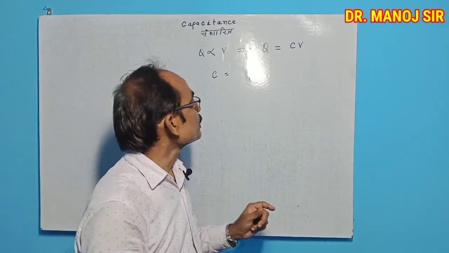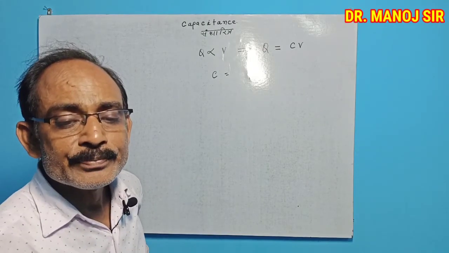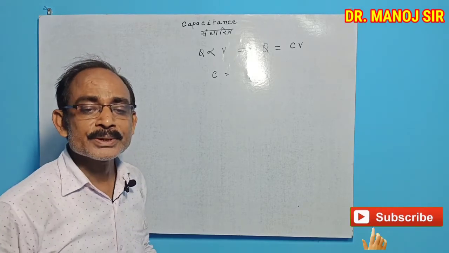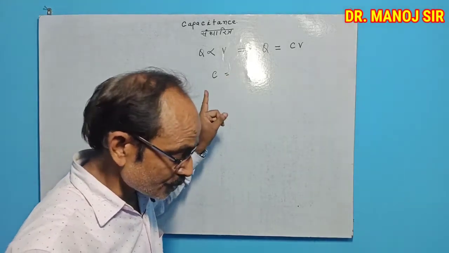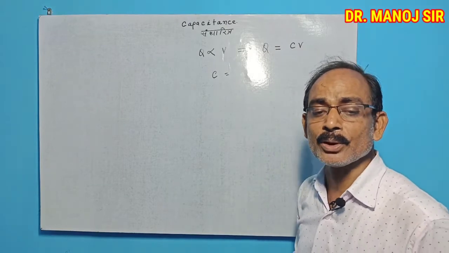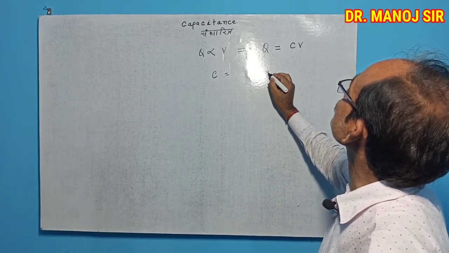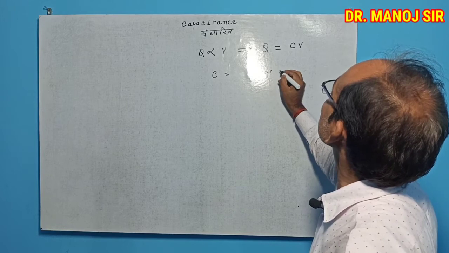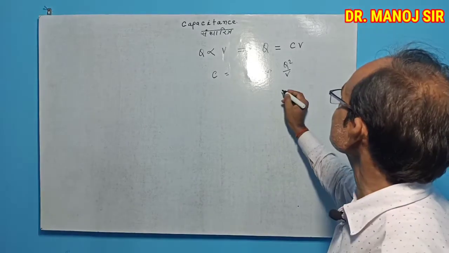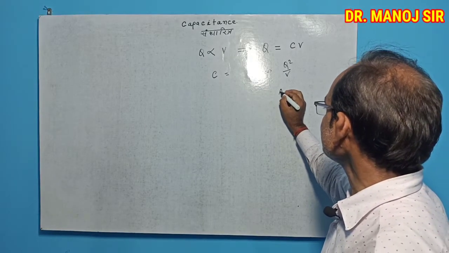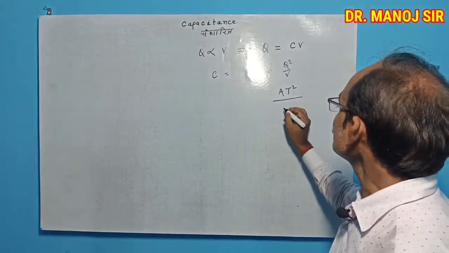Hence the unit of capacitance depends upon the ratio of charge and potential. It can also be written as Q squared by W, and the unit will be A T square upon potential difference, that is watt.